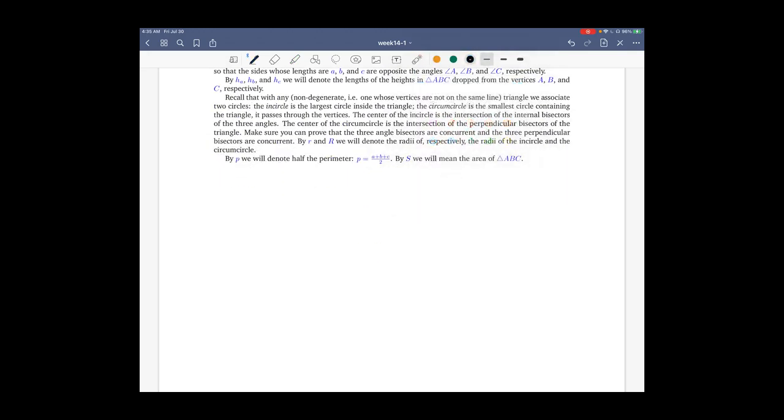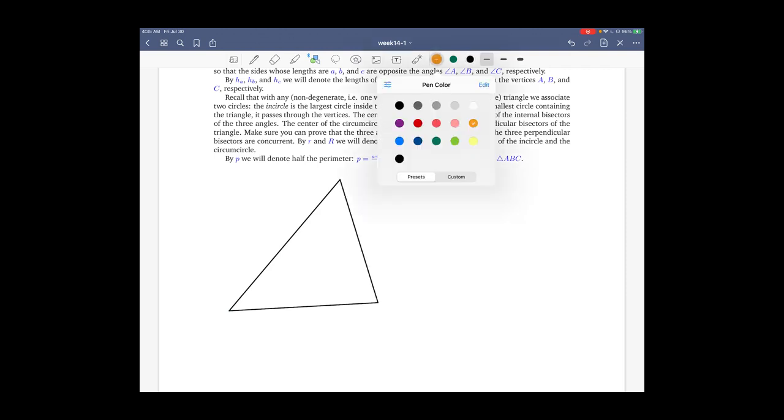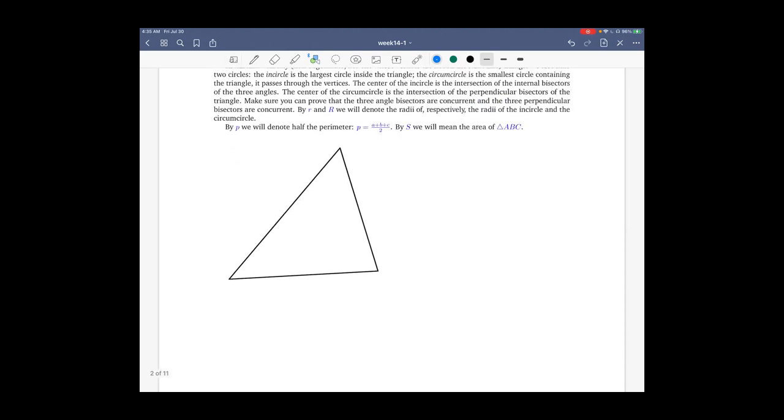Let me make a picture of one. We will commonly denote the vertices of this triangle as ABC. It doesn't matter, of course, in which order. Angles will be denoted just by A, B, and C, just like vertices.